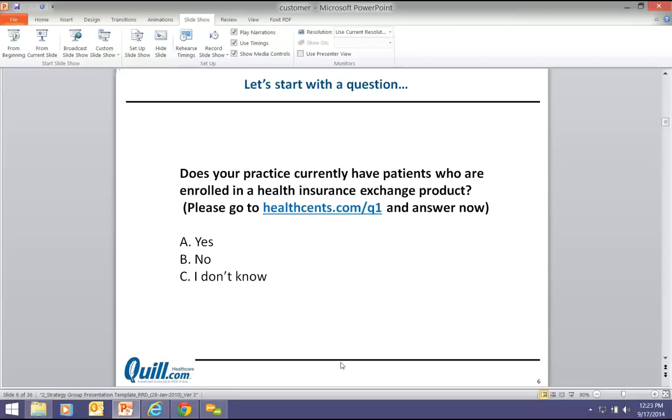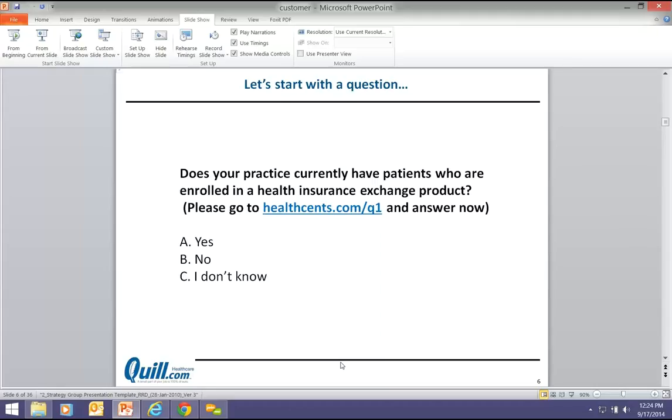60% indicate that the ACA exchange coverage is more difficult to verify than traditional PPO and HMO plans, while 75% say patient co-payments and patient obligations are much higher on the health insurance exchange plans than on other standard commercial plans. 20% reported concerns about narrow network designs in terms of specialists and primary cares that are in network.